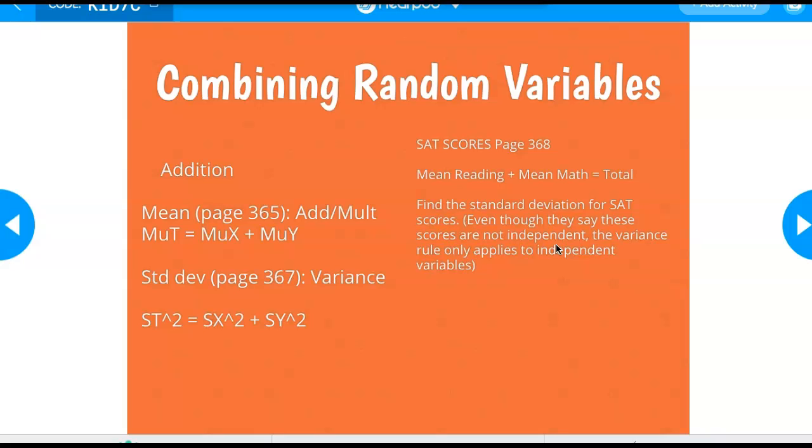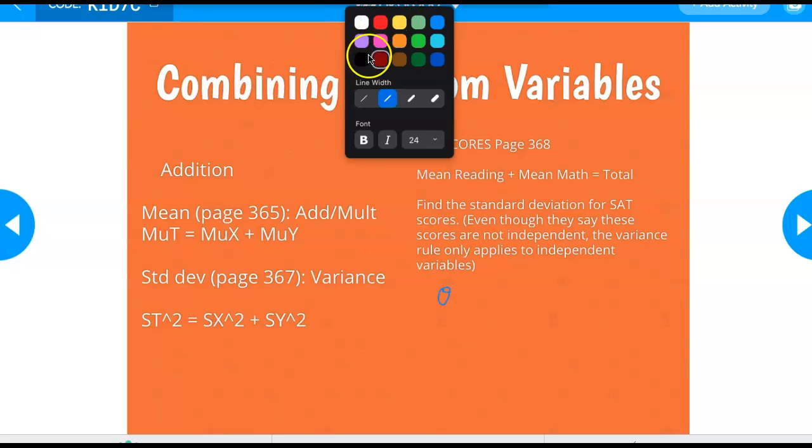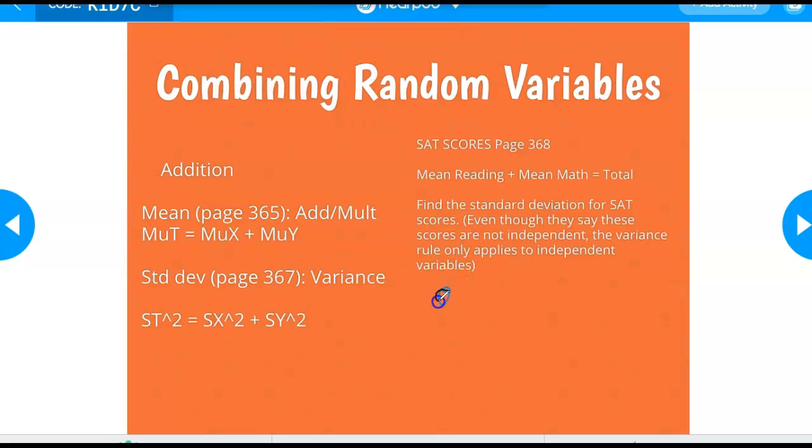Okay, these scores, even though they're not independent, I just want to find, by using the formula, the standard deviation for x and y. So the rule is to apply standard deviations. Let me use a better color. Blue is not working too well.